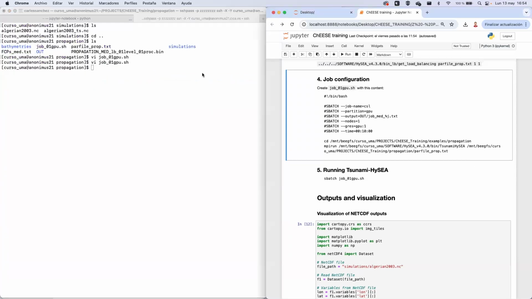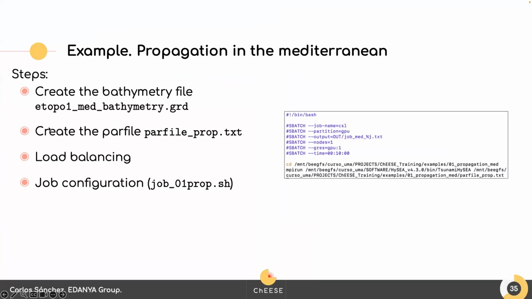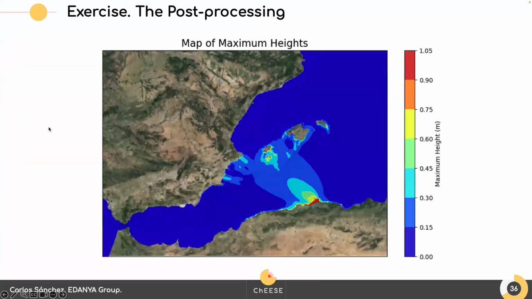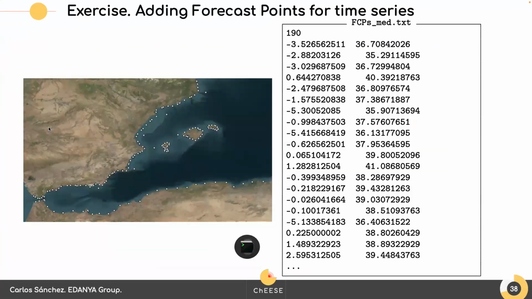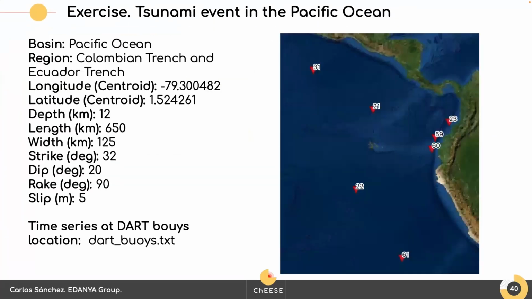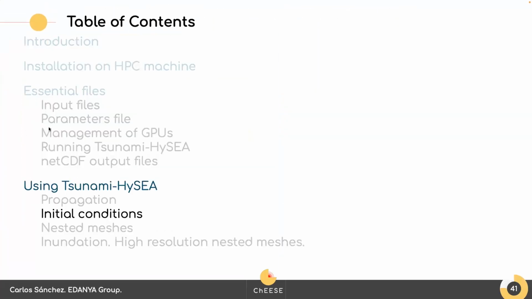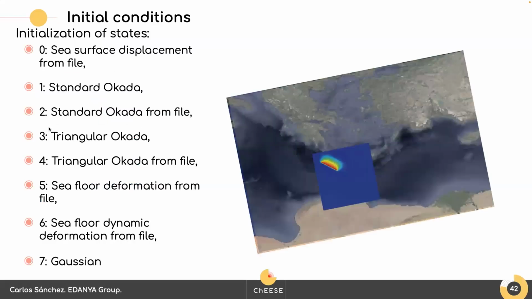So let's continue. Let me go back to the slides. We have just worked on the exercise proposed, and I wanted also to talk about the different initial conditions that we can put in our parameter file.